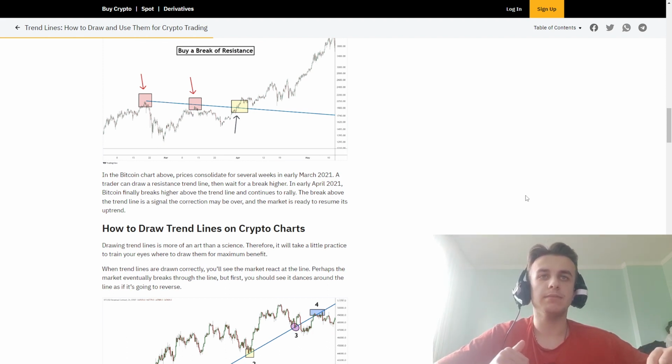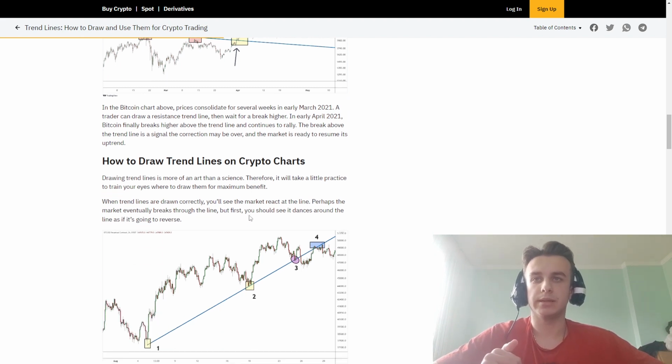In early March 2021, a trader could draw a resistance trend line and wait for a break higher. In early April 2021, Bitcoin finally broke higher above the trend line and continued rallying. After the break above the trend line, the correction may be over and the market is ready to resume its uptrend.